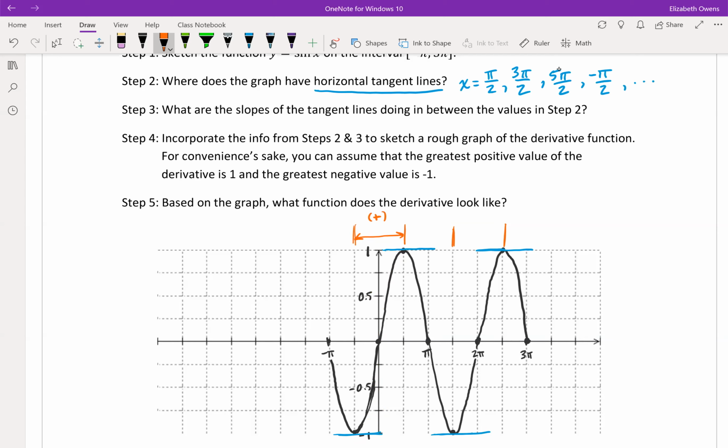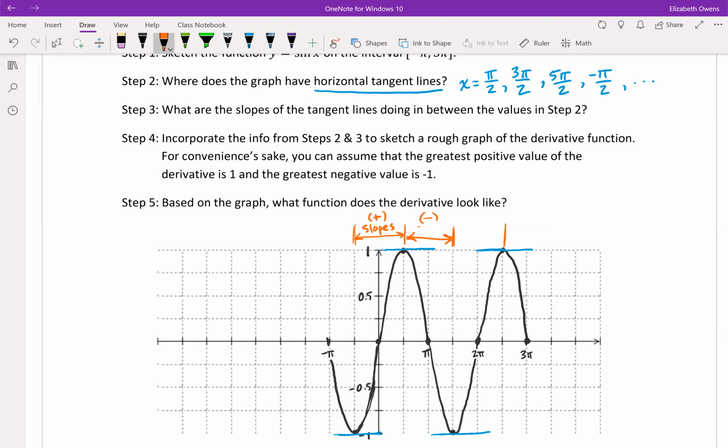And in contrast, on the next interval from pi over 2 to 3 pi over 2, the tangent line slopes are all negative. They're all doing things like this.